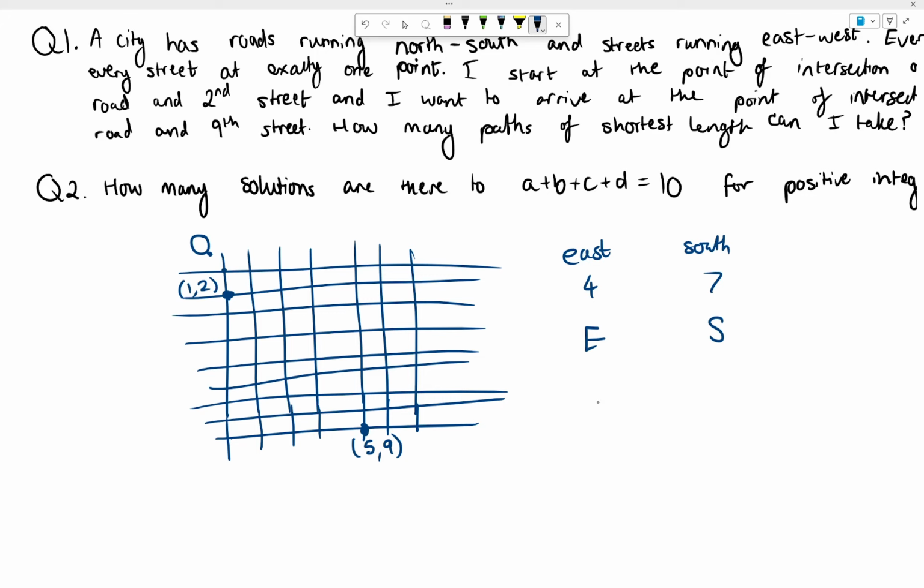So for example, E, E, S, S, S, E, S, S, E, S, S. That would look like this, then this, then this, and so on. So given a sequence of moves, which are easts and souths moves, we can get from the start point to the end point as a path.